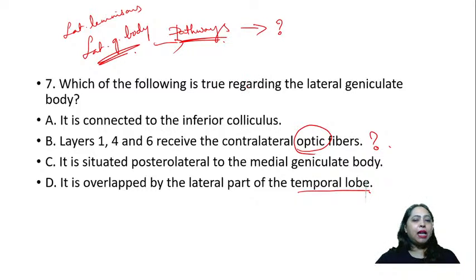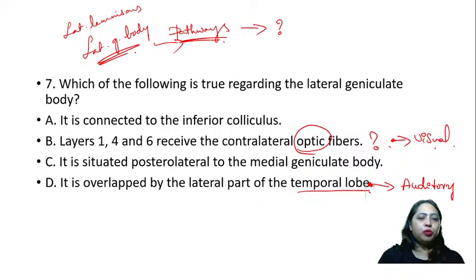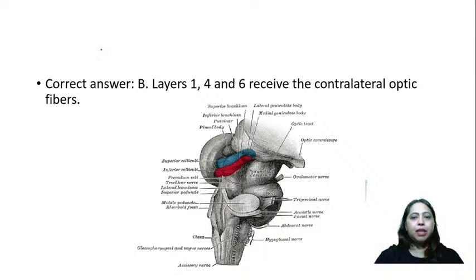Then we can eliminate either this or this, because with the temporal lobe you have the auditory pathway, and with optic fibers this will be visual. One of the two we can remove. The answer is B. Layers 1, 4, 6 receive the contralateral optic fibers.